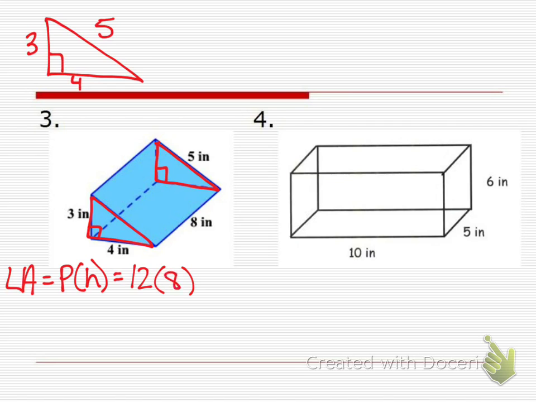Remember that this H is the height of the prism, or the distance between the bases. 12 times 8 would give me 96. My units? Inches squared. Questions about lateral area?